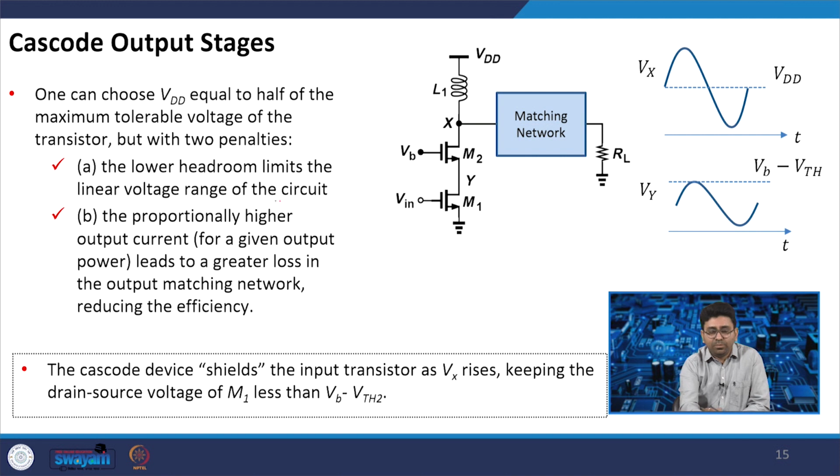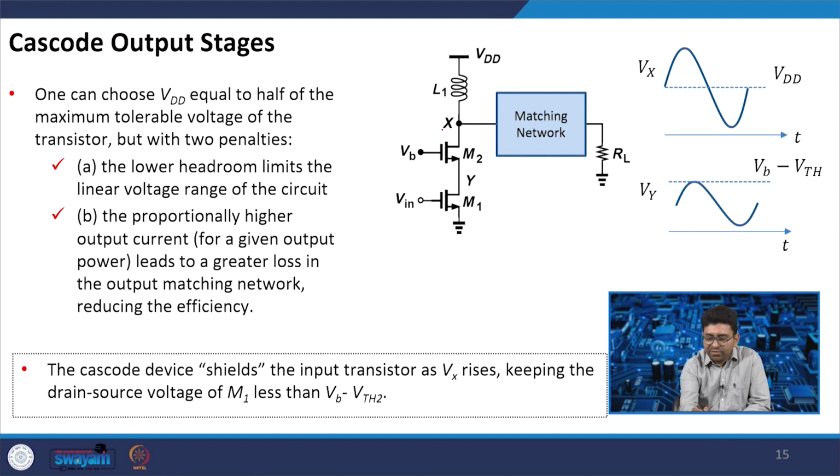The lower headroom limits the linear voltage range of the circuit, and the proportionally higher output current for a given output power leads to greater loss in the output matching network, reducing the efficiency. So, we need to pay two penalties: it will reduce the efficiency, and the lower voltage headroom limits the linear voltage range of the circuit.